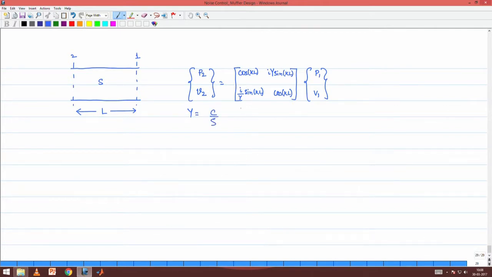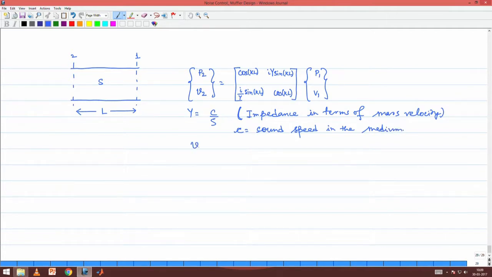The impedance is in terms of mass velocities, and yeah, k is the wave number and c is the sound speed in the medium, and please note that V1 and V2 are the mass velocities at 1 and 2 respectively.